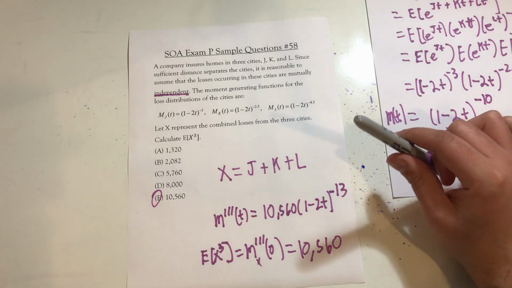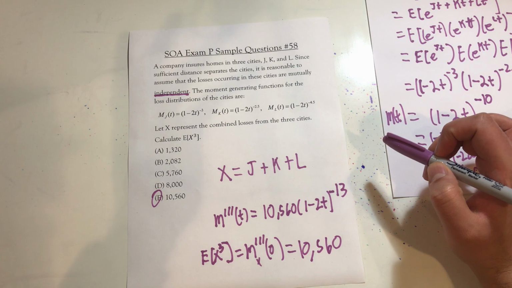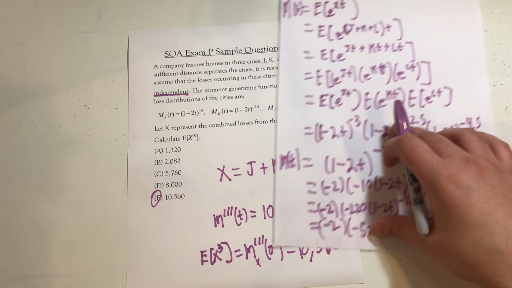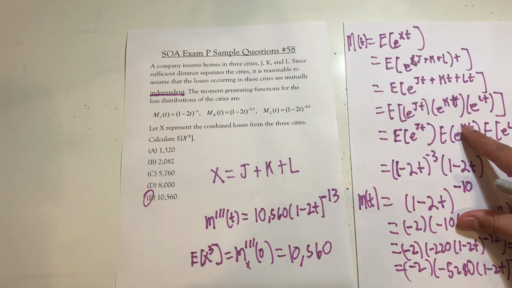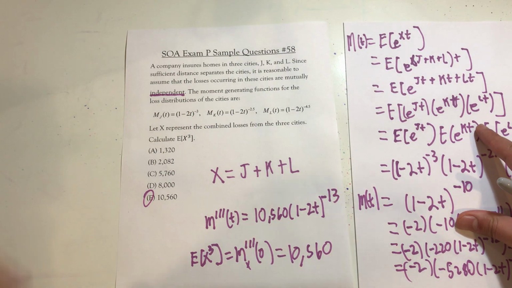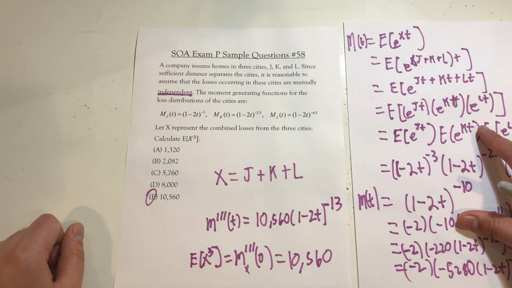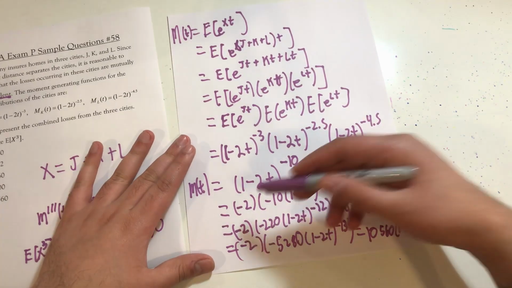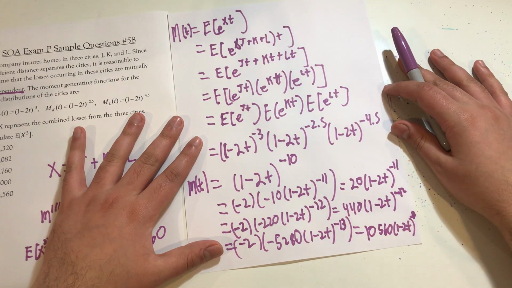The other thing was rules of independence when you're dealing with moment generating functions. Okay, and that's where I was able to rewrite this and find the actual MGF of x using the MGFs of j, k, and l. And then after that, once I actually found the moment generating function, probability done, then it's calculus.